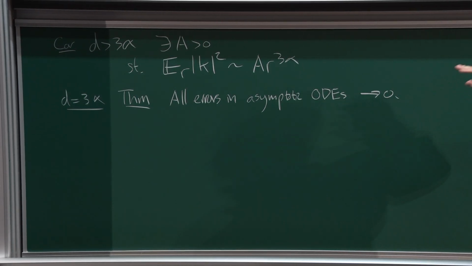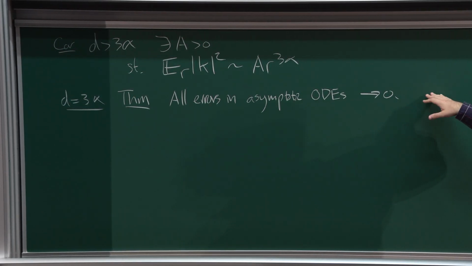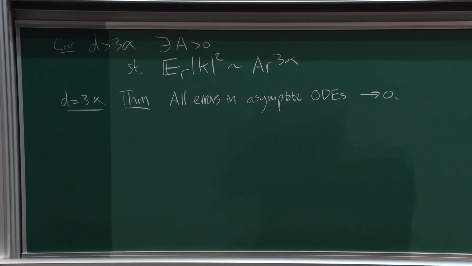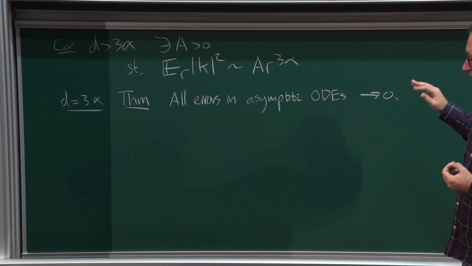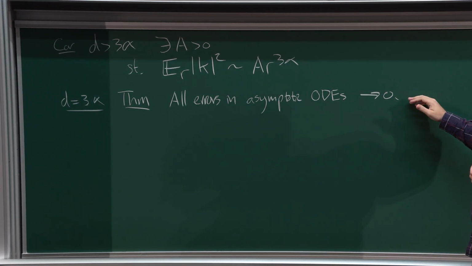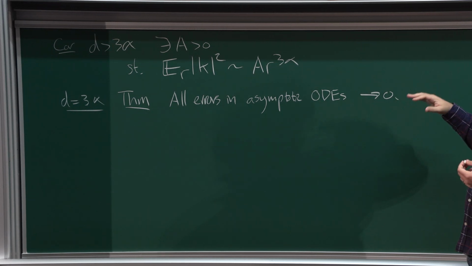This is actually technically the hardest thing that I prove in this series of papers that I'm talking about. The interesting thing is the way this works, it's actually a proof by contradiction. Essentially, you assume that these errors don't go to 0.